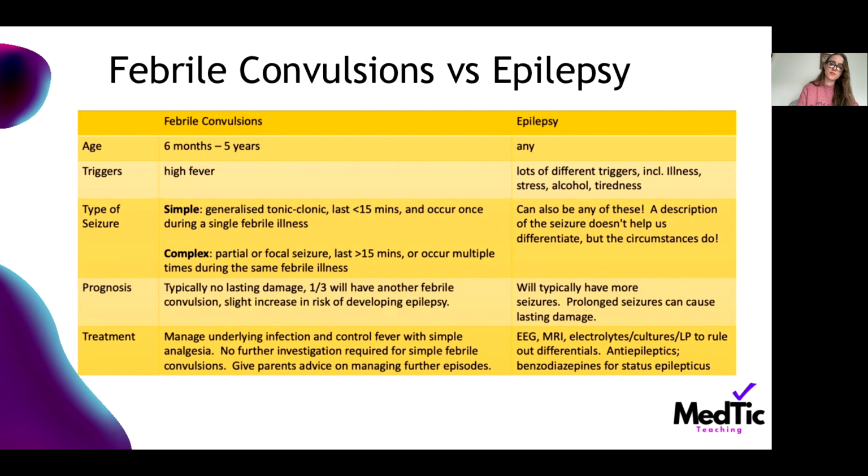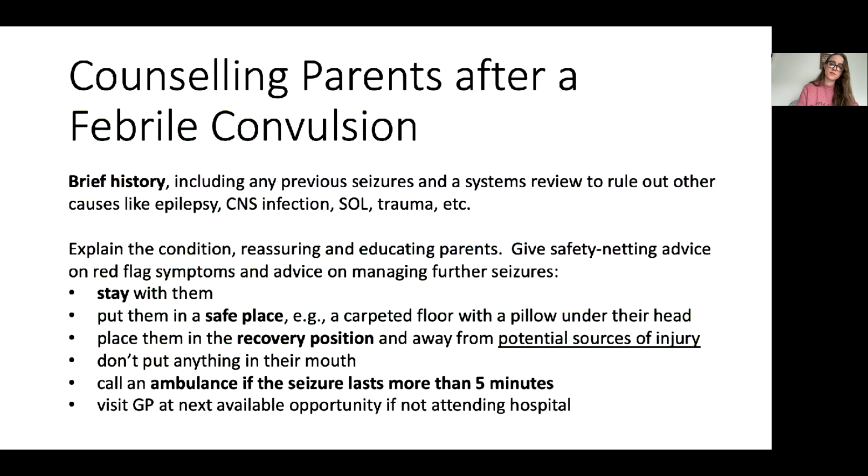Okay, if we go on to the next slide. So this is more OSCE related than MCQ, but if a child has had a febrile convulsion, and you're confident in that from your history, you need to explain that to the parents, reassure them, and tell them if a seizure happens in the future, they need to stay with them, put them somewhere safe where they're not going to injure themselves, ideally in the recovery position.